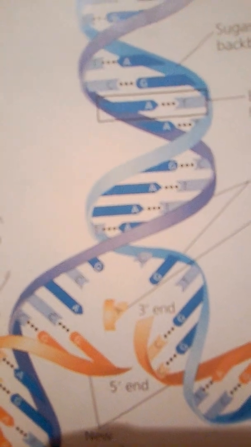If a stretch of one strand has a base sequence like this one, for instance, 5 prime AGTCC 3 prime, then the base pairing rules tell us that the same stretch of the other strand must have the sequence 3 prime TCAGG 5 prime. The two strands of the double helix are complementary, each the predictable counterpart of the other.